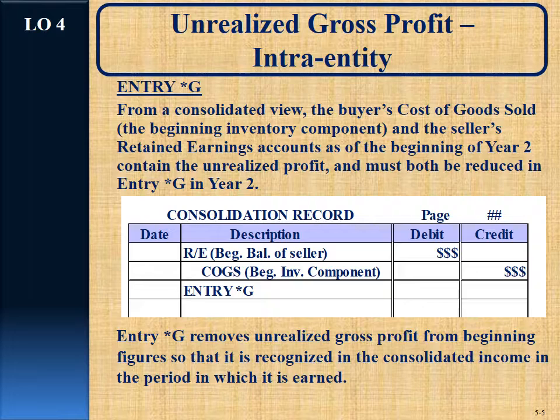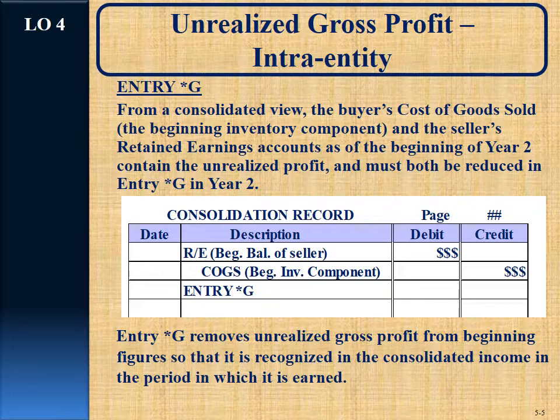Now, going forward into the next year, from a consolidated view, so when you add in year 2, when you do all of your consolidation, the buyer's cost of goods sold, so the beginning inventory component, and the seller's retained earnings accounts contain the unrealized profit and must both be reduced in entry *G.